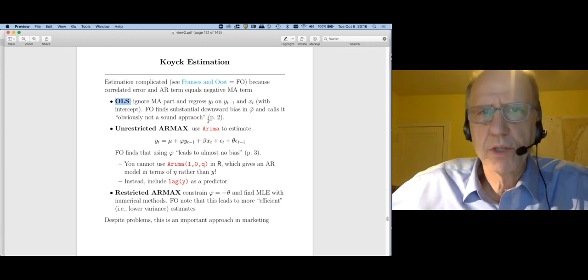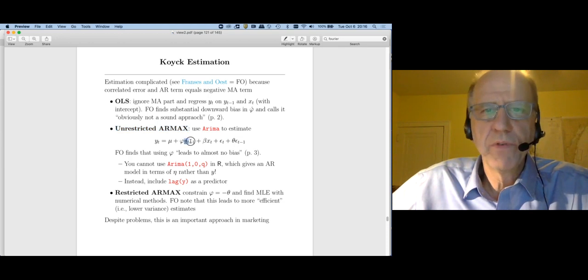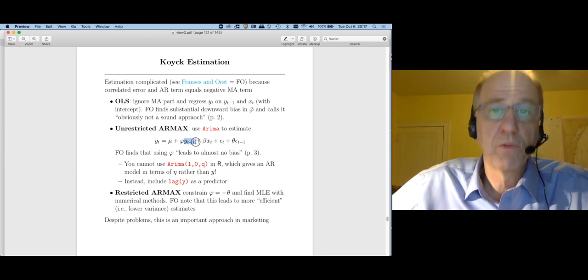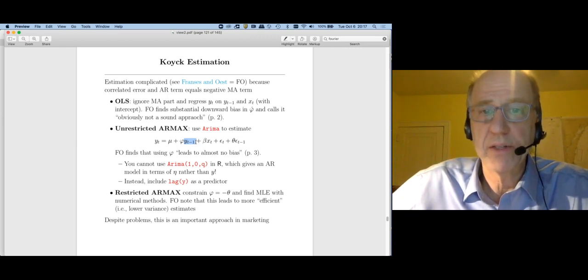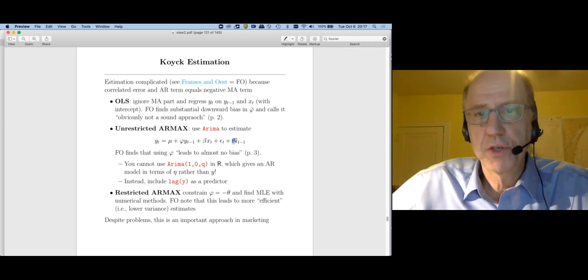The second approach that Francis and Ust consider is what they call the unrestricted ARMAX model. The idea here is we're going to fit an autoregressive model in terms of y, not in terms of etas, but in terms of y. And we're also going to fit a moving average term for my errors.